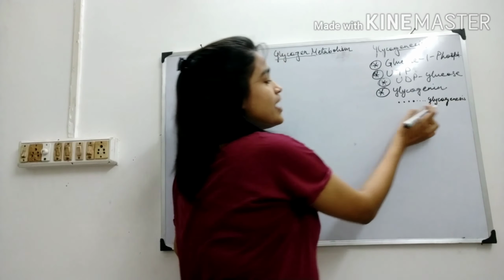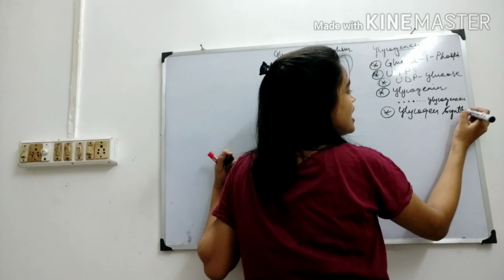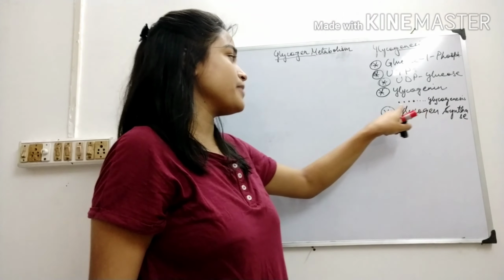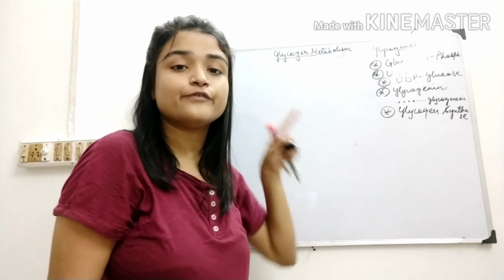And this is where the enzyme glycogen synthase will act. On this small primer, glycogen synthase will form alpha 1,4 linkage and elongate the chain.